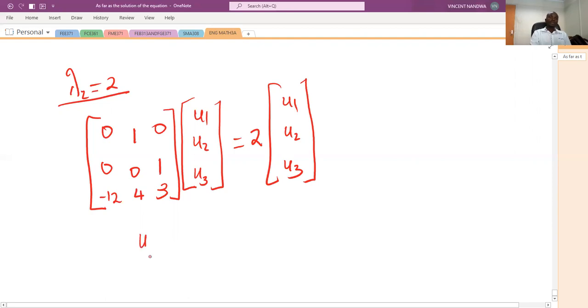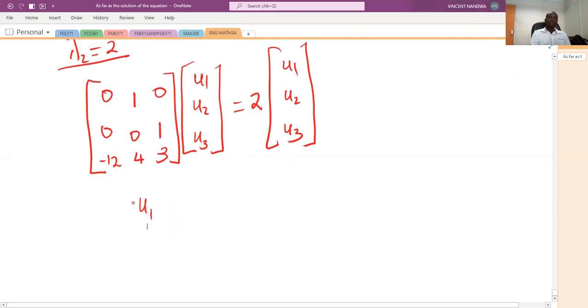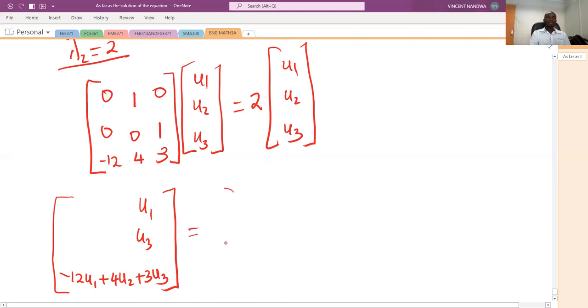So which will give us u2, u3, minus 12 u1 plus 4 u2 plus 3 u3 to give us 2 u1, 2 u2, 2 u3. Remember, the first row is u2, not 0 times.